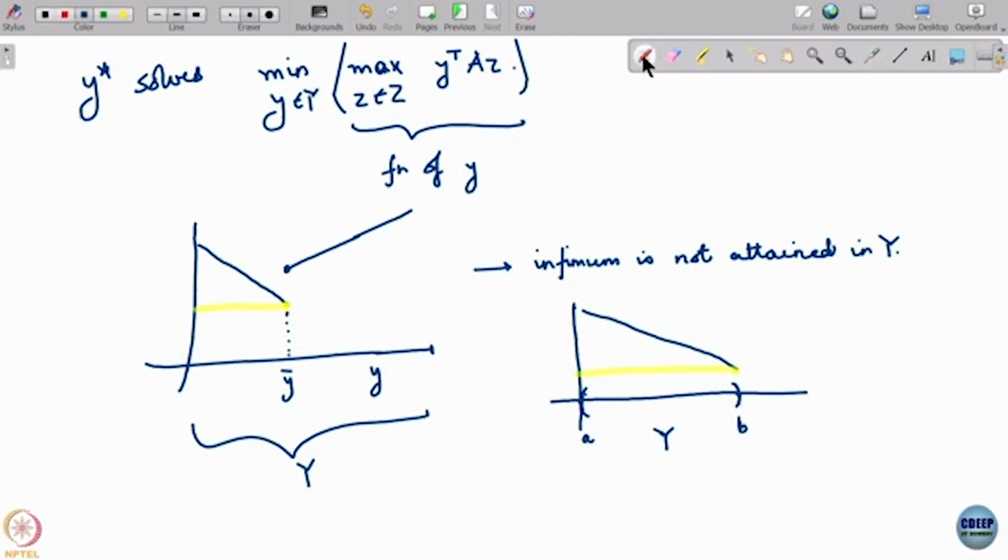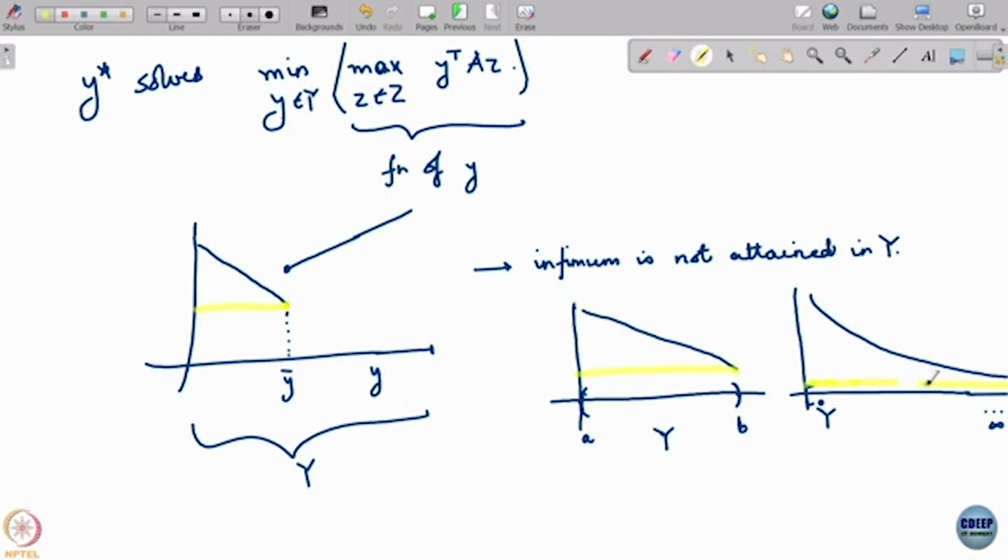What about the third case? Let me draw that third case also here. What I am attempting to draw here is a set Y which is, let us say, from 0 all the way till infinity, and a function that keeps decreasing and eventually settles finally at some value like this.